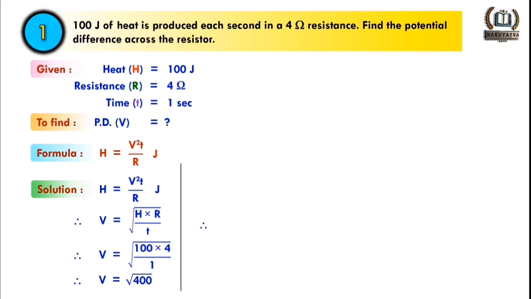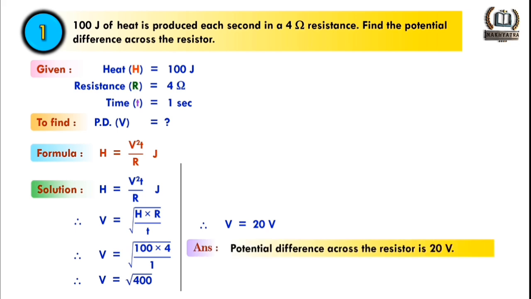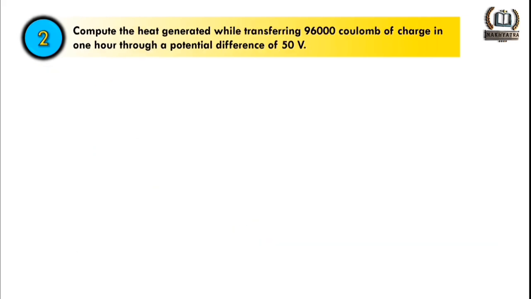Now by removing the root, we will get V equal to 20 volt. Clear everyone? So the potential difference across the resistor is 20 volt. So it is a simple formula based question. Not so tough.